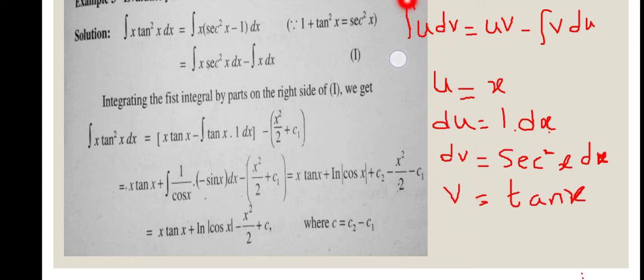Just put these values into the formula in the procedure of solving this integral. So we have x tangent x minus integration tangent x multiplied by 1 dx, minus this integration x dx. Keep it separate.